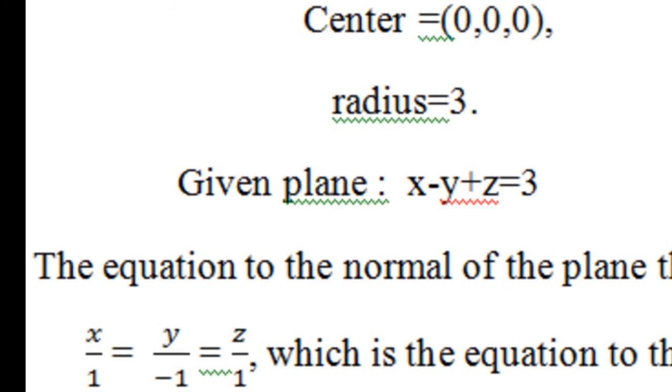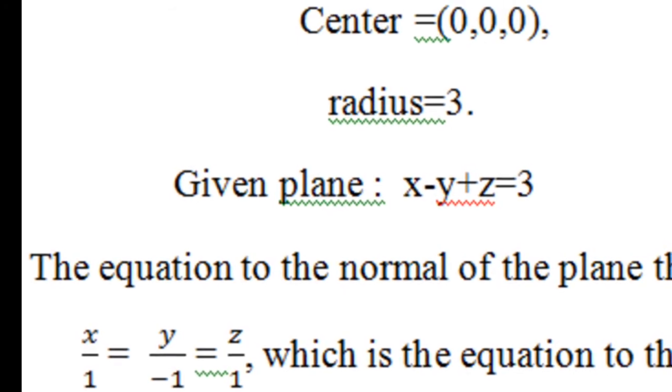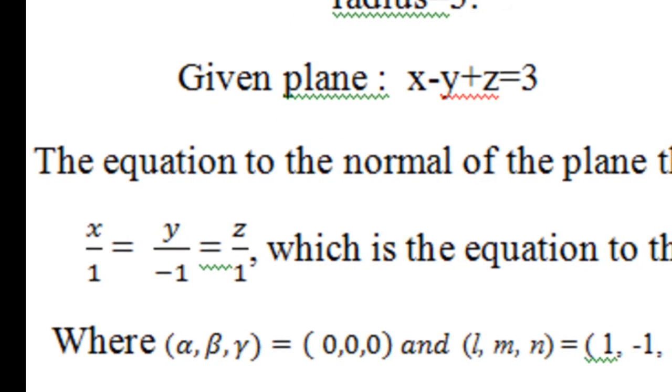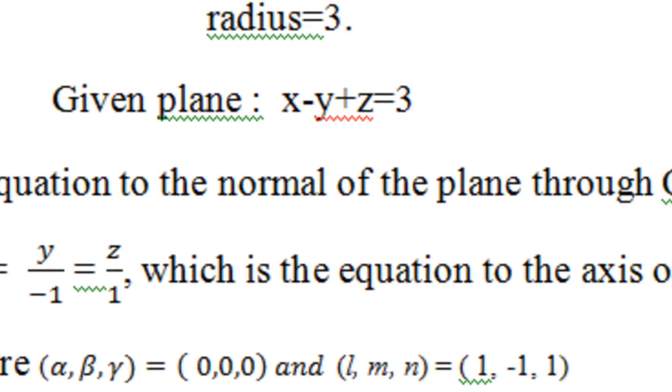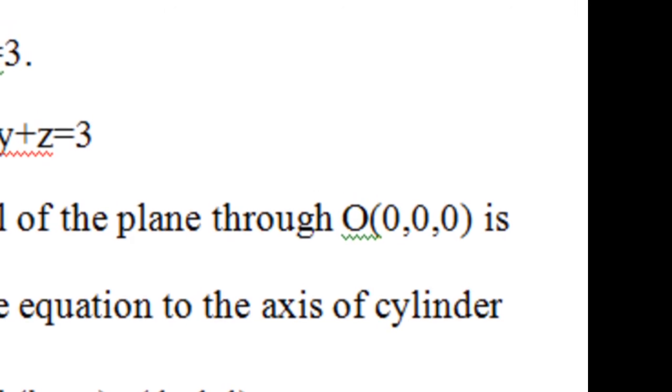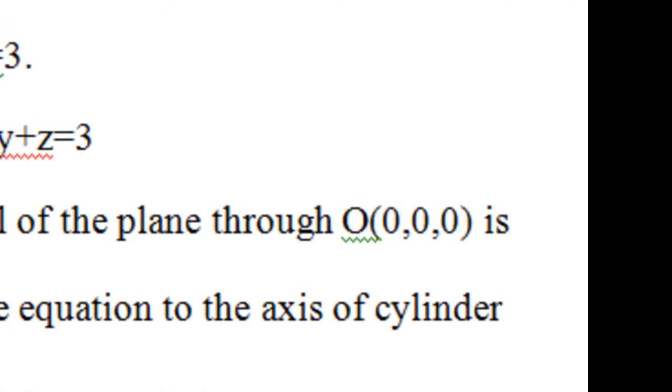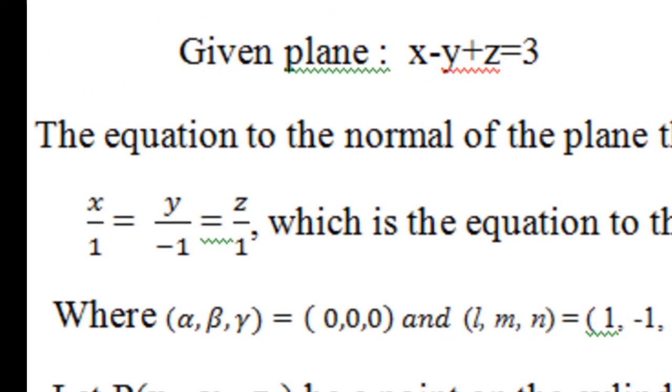That is, the DRs of the plane are 1, minus 1, 1. So here simply you can write 1, minus 1, 1, which is the equation of the axis of the cylinder. You know very well, the axis will be perpendicular to the plane. So we can write the equation of the cylinder like this.